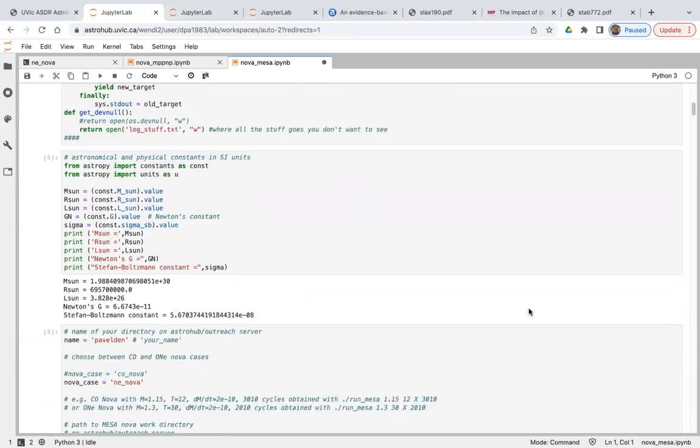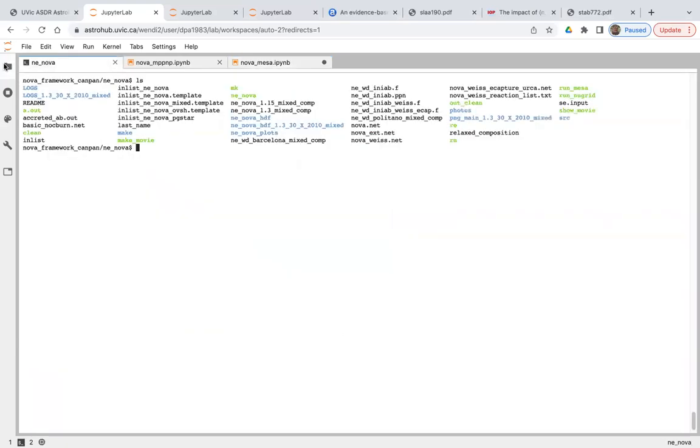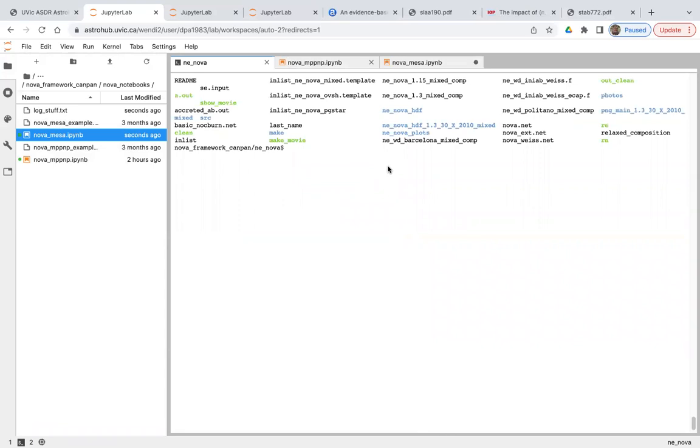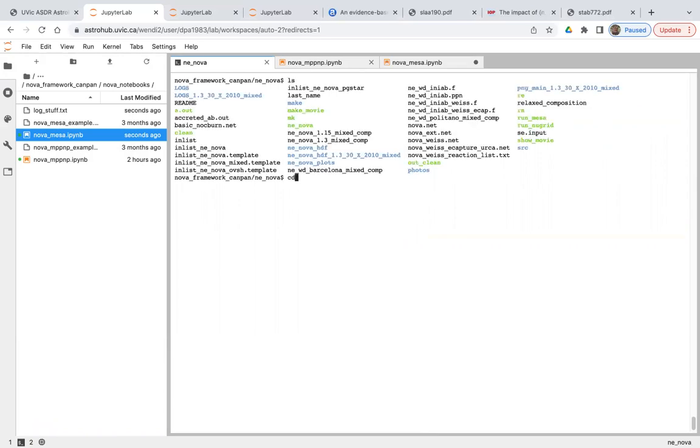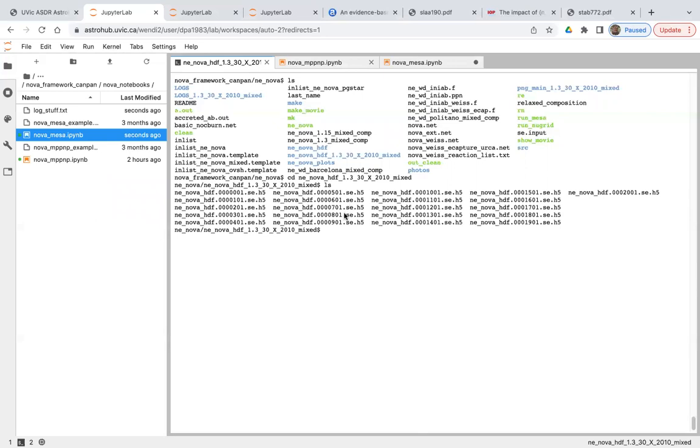So the next step, after we finished our MESA nova stellar evolution computations, and as a result, you can see this directory was created. This directory contains those SE files. They have a special format, HDF5 files.